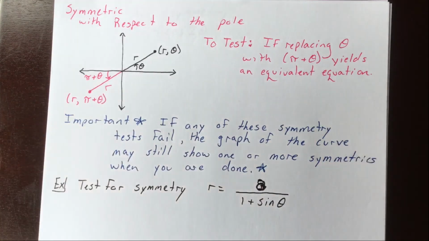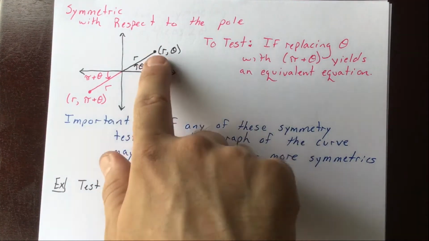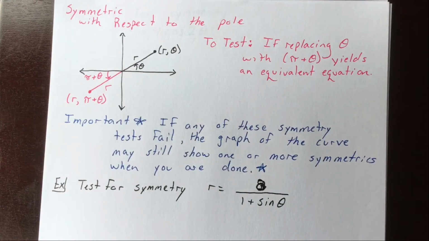And we see this ending note. If any of these symmetry tests fail, the graph of the curve can still show symmetries. It can still show the symmetry of what the test failed on when you're done. The reason being, here I could get this to work if I had, well, let's see, negative r comma theta.